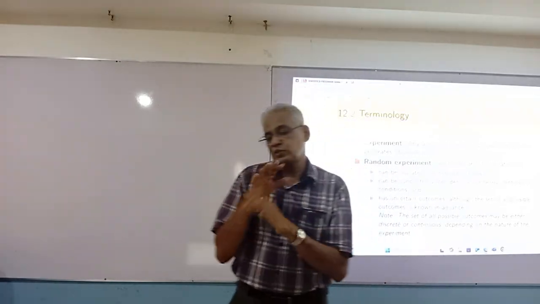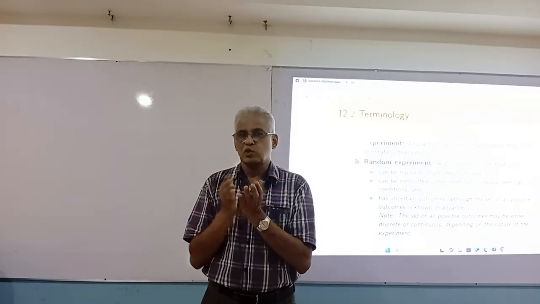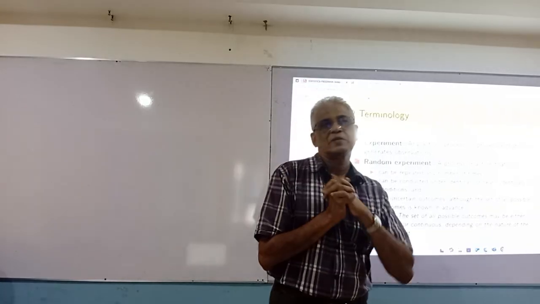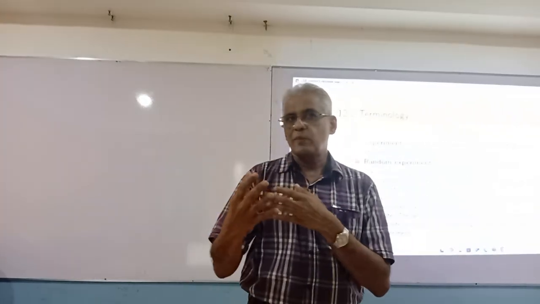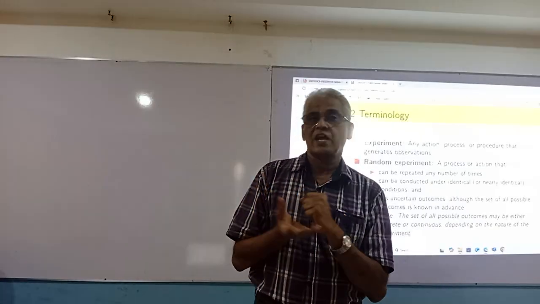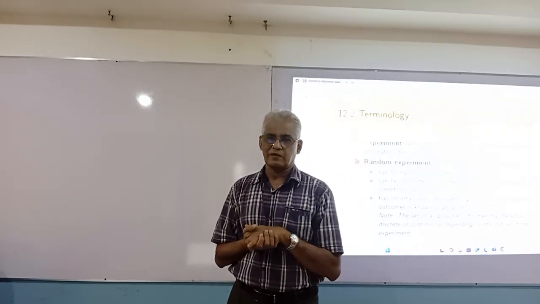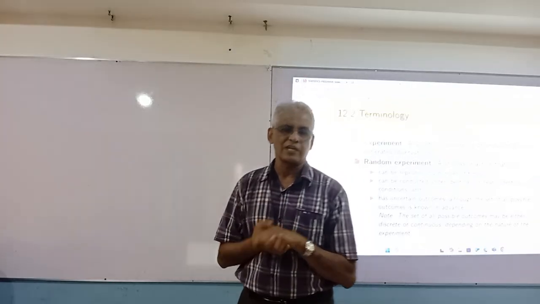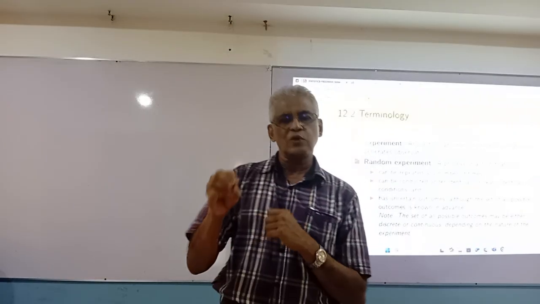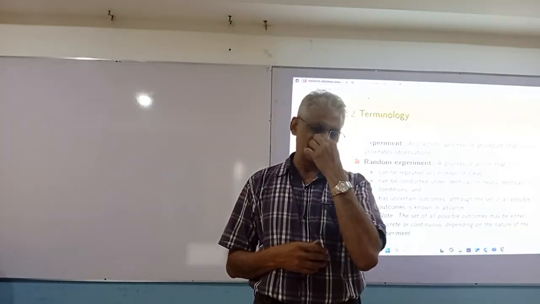So in order to talk about probability, this mathematical concept, because we talk about the probability of events, we first have to define an event also mathematically. It's important to define an event mathematically, then only we can talk about the possibility of the event mathematically.